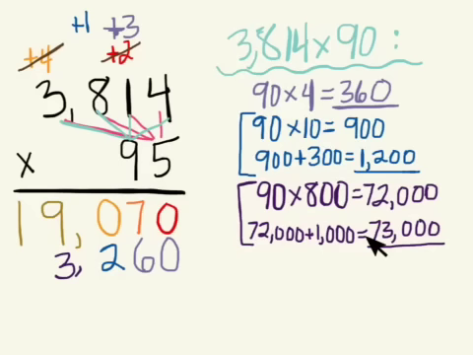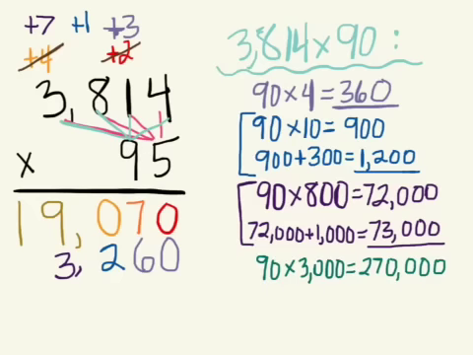And now this 7, well, there's not room for it in the thousands place that I'm working with right here, so it's gonna have to spill on over. And we have one more distribution step here, the 90 times 3,000, which is, because I can cheat here, 9 times 3 is 27, and 1, 2, 3, 4 zeros.